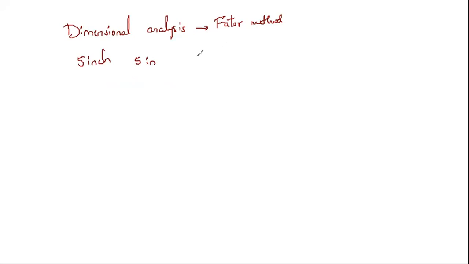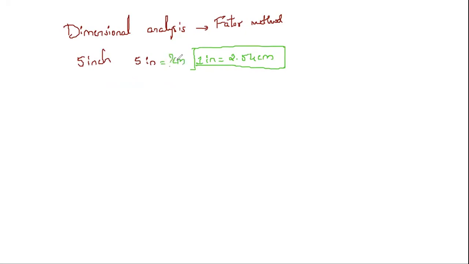So I'll write it here. 1 inch is equal to 2.54 centimeters. This is the conversion factor. Using this conversion factor, you can convert inches into centimeters. So you want 5 inch converted to centimeters.